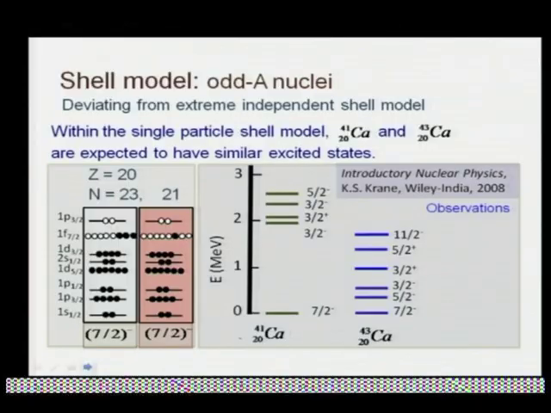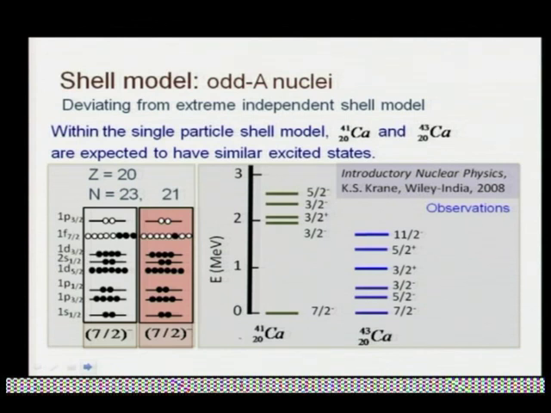But when we look at calcium 43, the case should have been similar if all is well, or if we agree with the single particle shell model. There is one unpaired neutron in the 1f 7/2, which could be taken to 1p 3/2 as the first excited state, and the energies should also be similar to excite one neutron from 1f 7/2 to 1p 3/2.